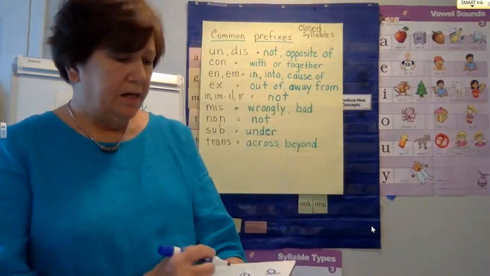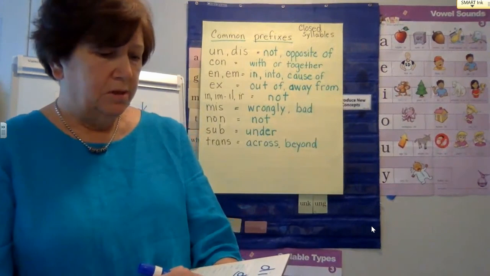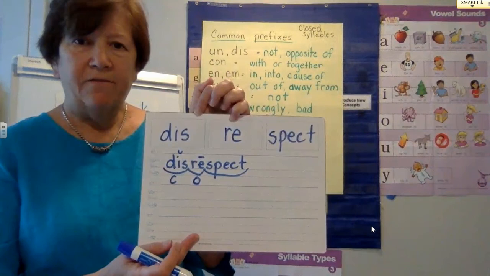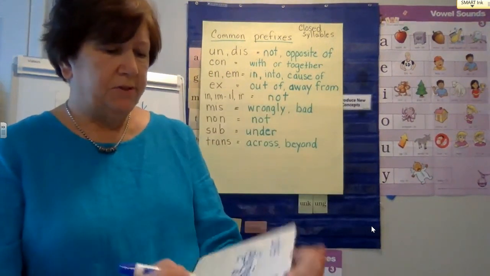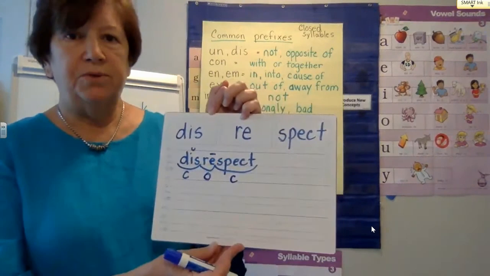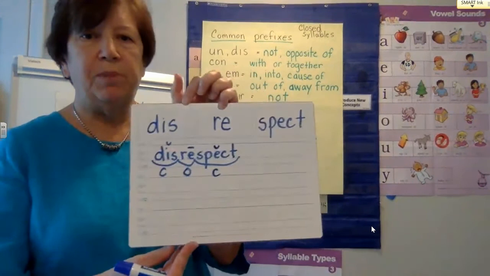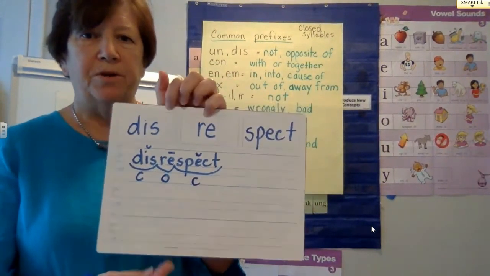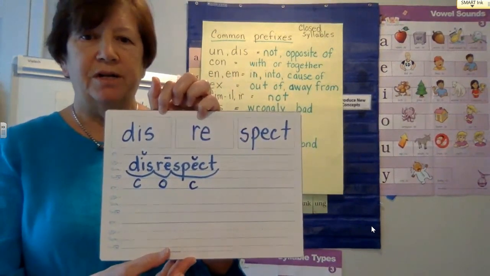Good job. Let's mark it. The prefix is closed. Re is open, and that vowel is long. Spect is a closed syllable. It's got one vowel closed in by that CT. That CT is a little tricky blend on the end there. Good. Disrespect. Check your work.